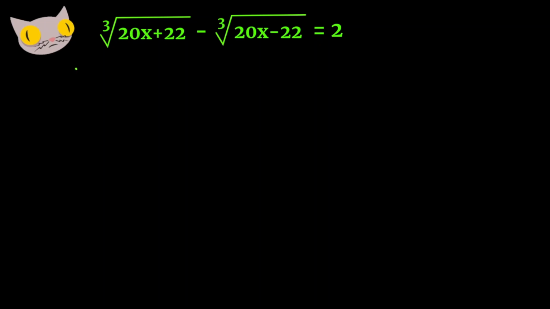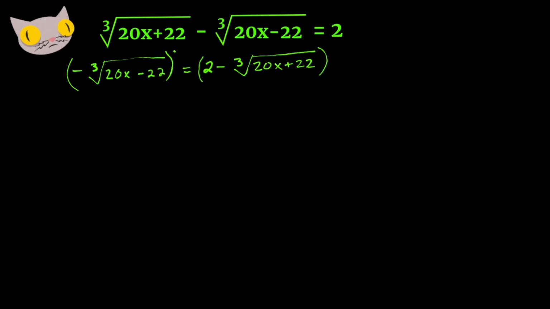That'll give us negative third root of 20x minus 22 is equal to 2 minus the third root of 20x plus 22. Now let's go ahead and cube both sides to get rid of this radicand.